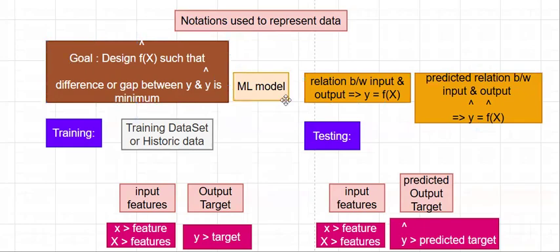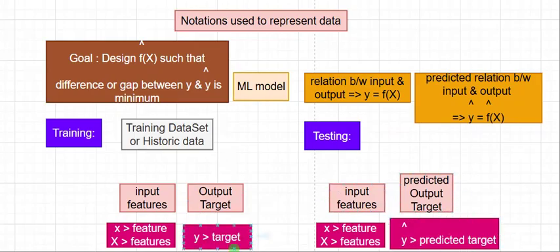If we frame the goal as a sentence: design f cap of x, nothing but the relation between the input and the predicted output, such that the difference or gap between the predicted output that we get and the actual target must be minimum. We need to reduce the gap between these two.